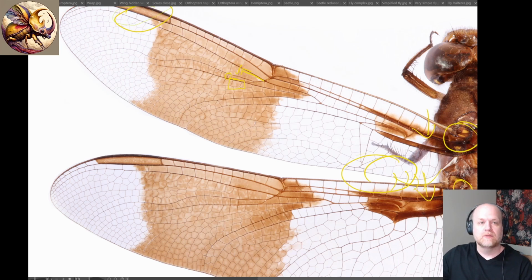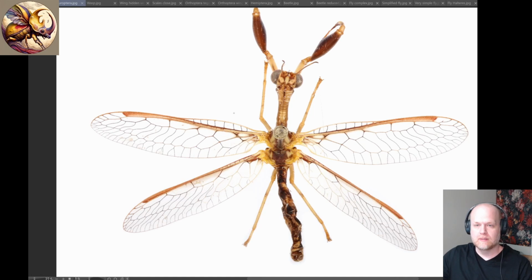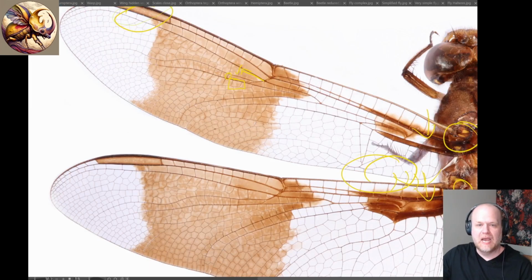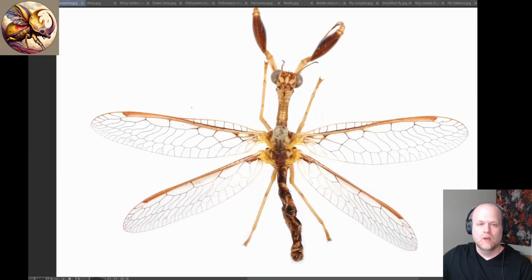If we move on to the Neuroptera, these are the lacewings. You still see that there's a lot of venation, similar to the odonates, this is a mantispid, but there are overall fewer cross veins, fewer cells. You can see how many tiny cells there are here. The Neuroptera, which are a fairly highly evolved group, have fewer veins, even though this particular group is well known for how many veins they have.